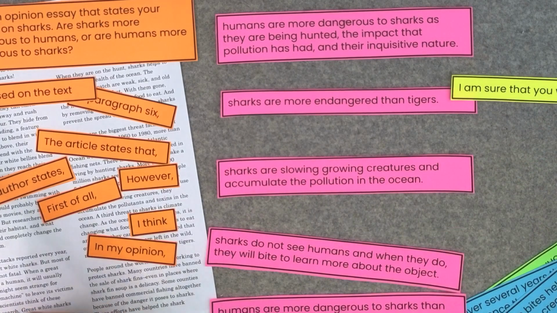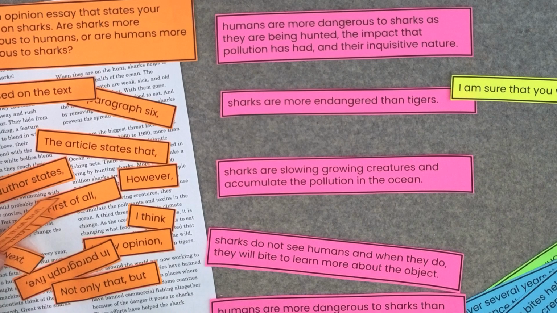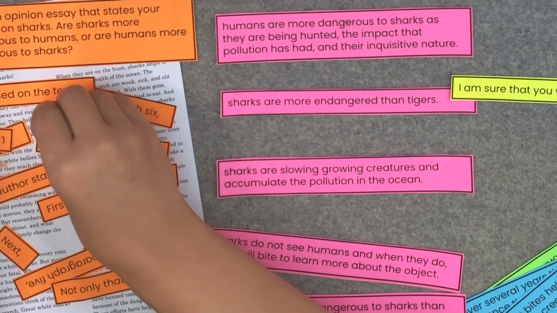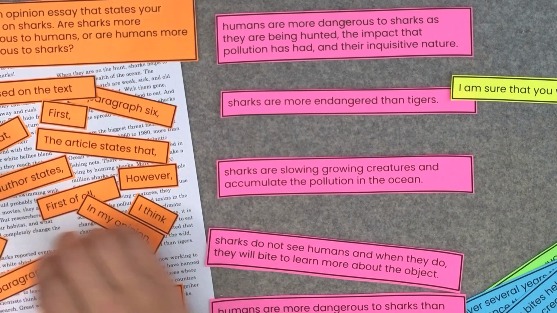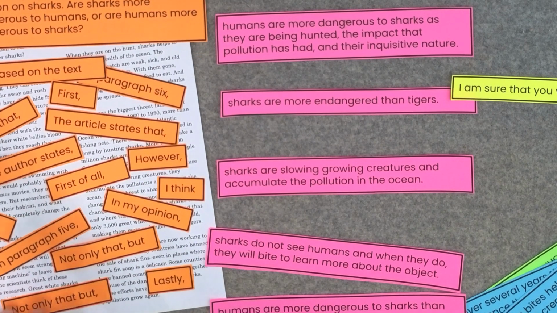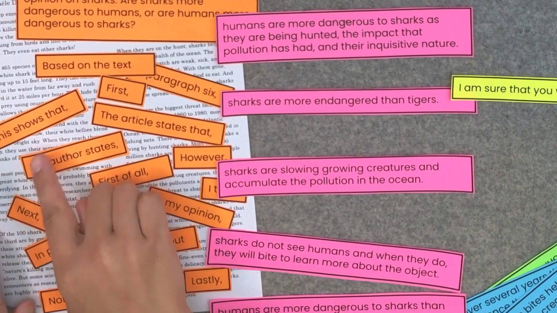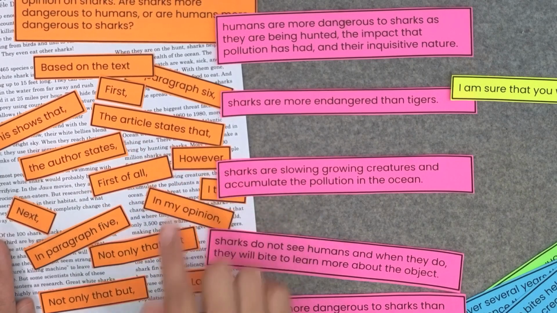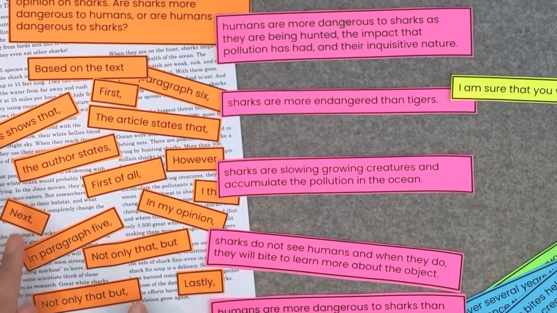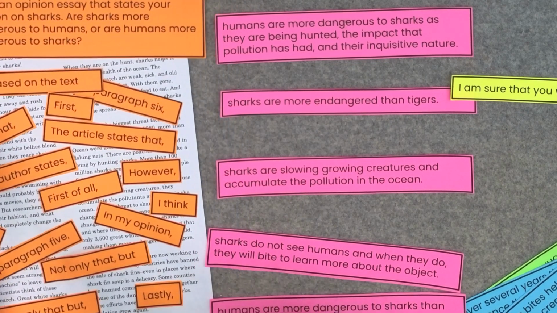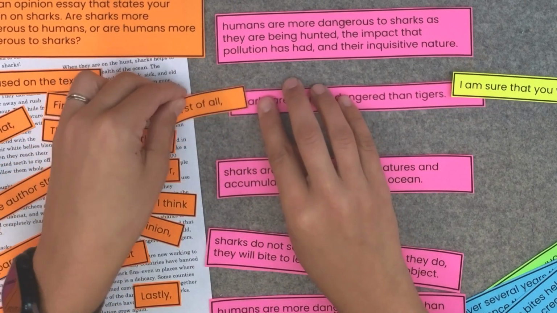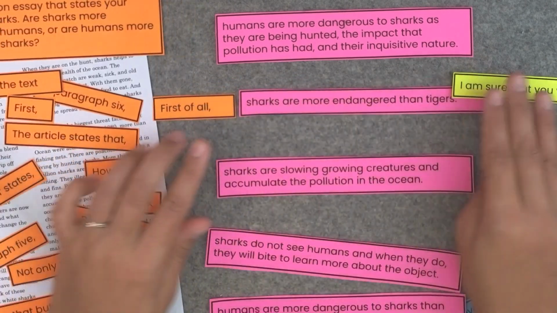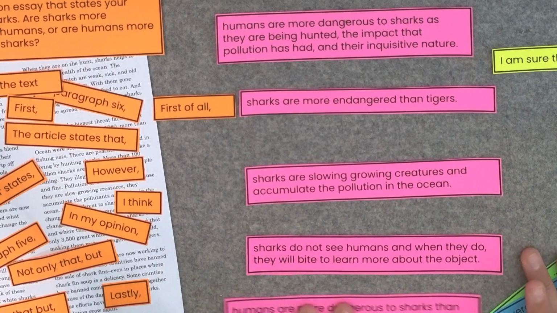I'm going to keep my transitions off to the side because that's going to help me look at them and add them as I go, or come back and add them at the very end. So you can see there's a lot of variations here. This shows that, the article states that, based, first, next, lastly. And I think I'm going to say, first of all, sharks are more endangered than tigers.